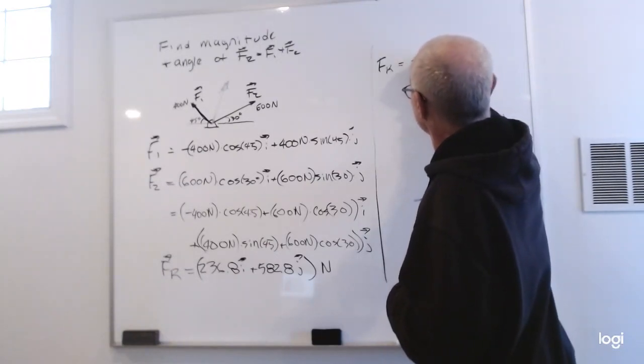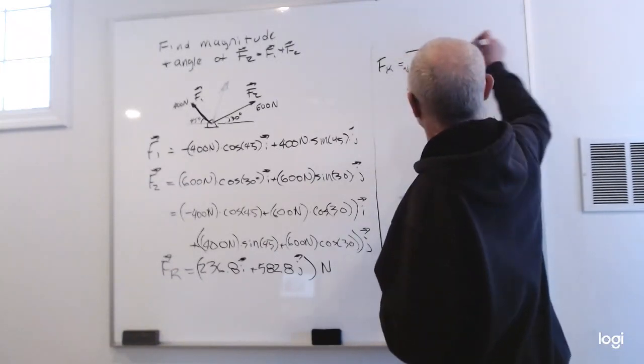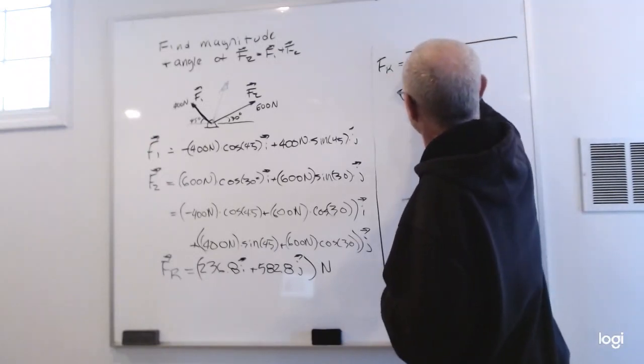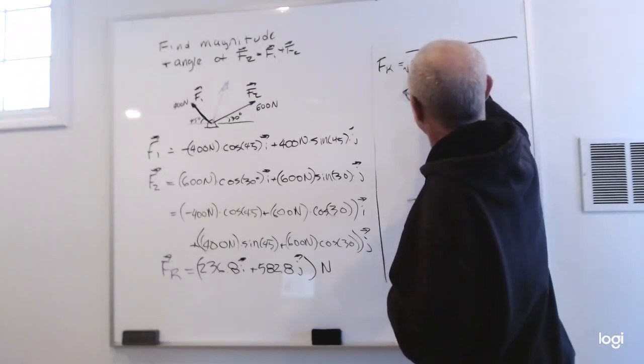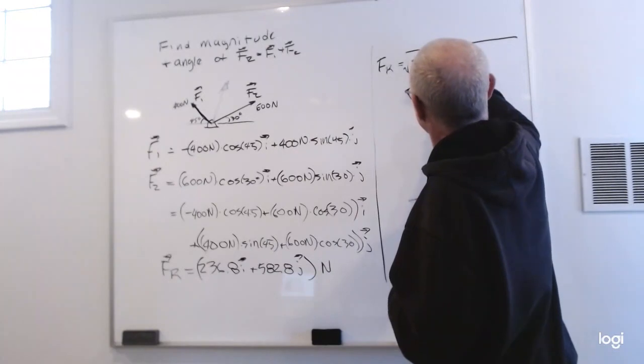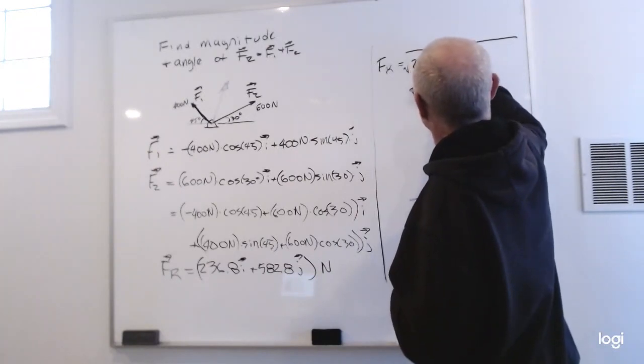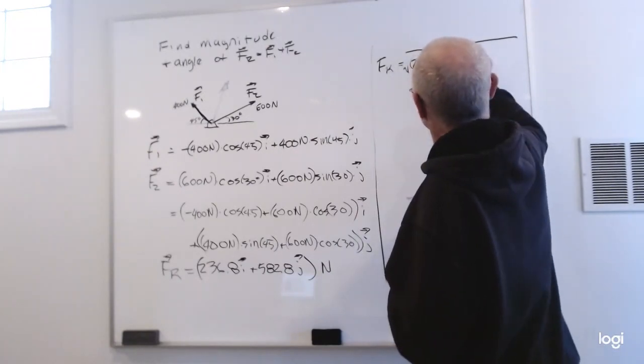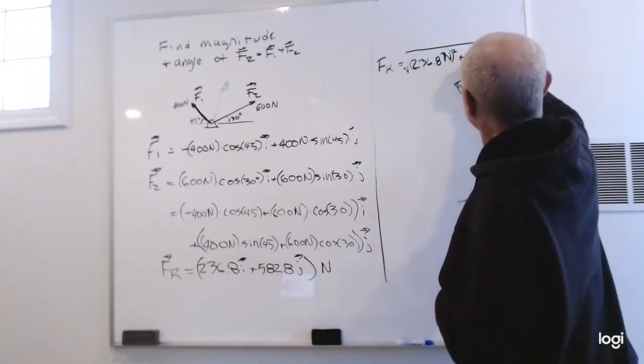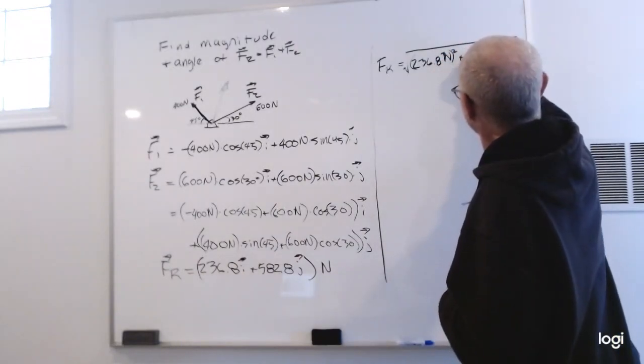F_R is going to be equal to the square root of 236.8 newtons squared plus 582.8 newtons squared, and I'll put this in parentheses too.